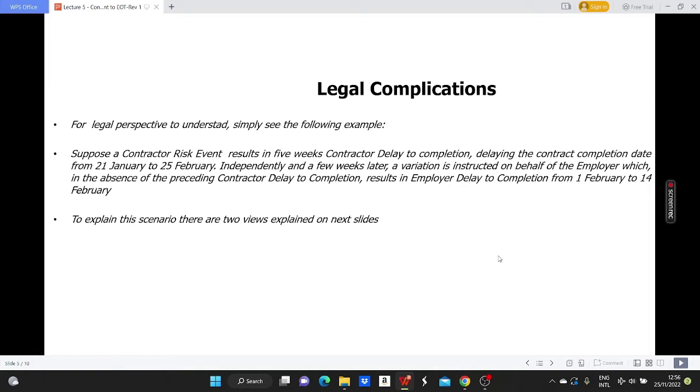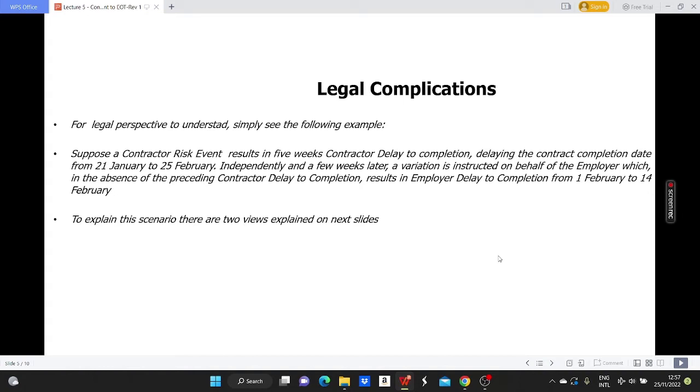Legal complications. From a legal perspective, to simplify, see the following example. Suppose a contractor risk event results in 5-week contractor delay to completion, delaying the contract completion date from 21st January to 25th February.